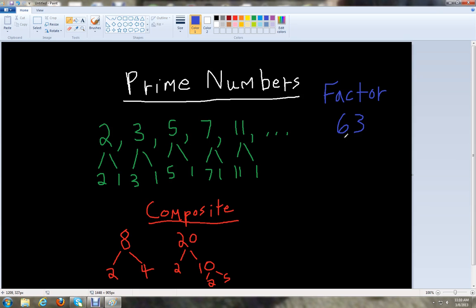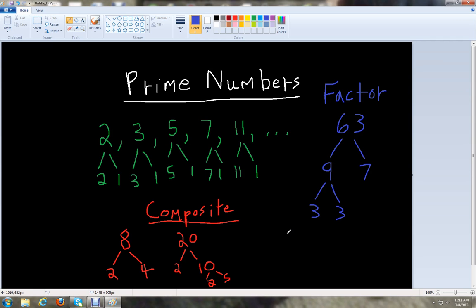We know from our times tables that 9 times 7 is 63. So 9 and 7 are factors. We know that 7 is a prime number, so we just leave that alone. But we can factor 9 as 3 times 3. And 3 is also a prime number, so we can stop there.